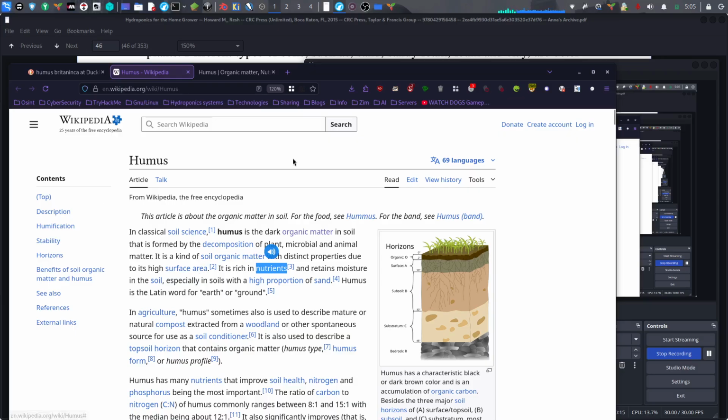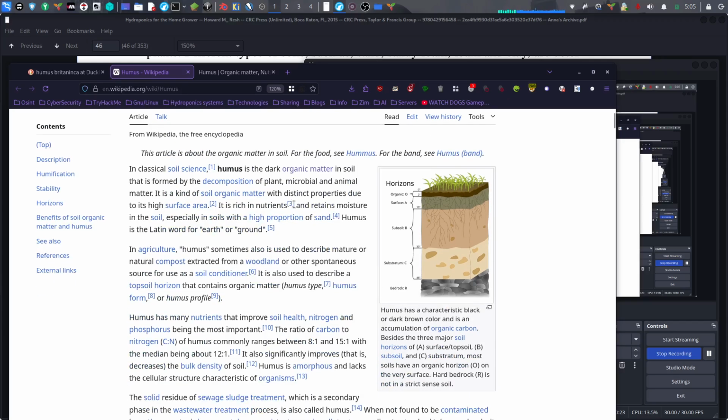In other words, humus is microorganisms, plants, and little animals that die and decompose into components in the soil.